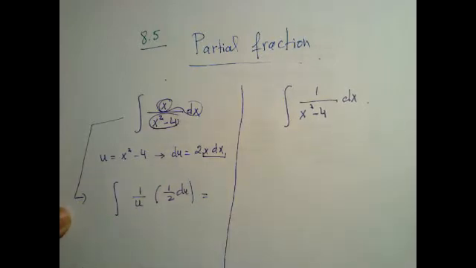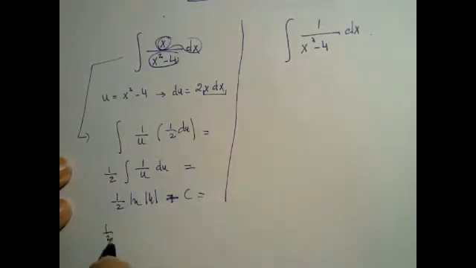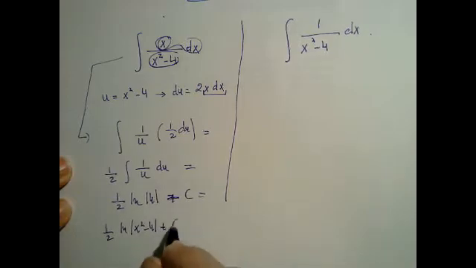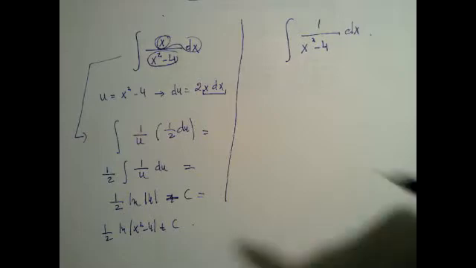So this gives me a half, which is a constant, times the antiderivative of 1 over u du, which is a half ln of u, plus a constant c, which is a half ln of x squared minus 4. Okay, so the first one is easy because substitution will do it.